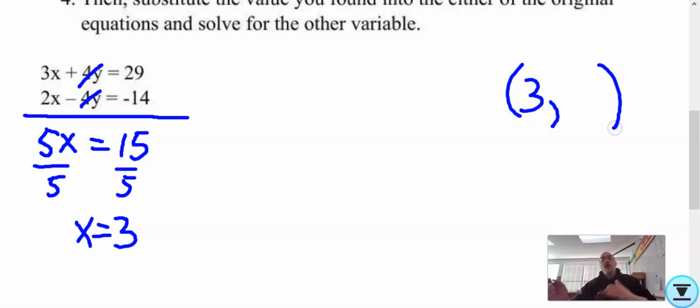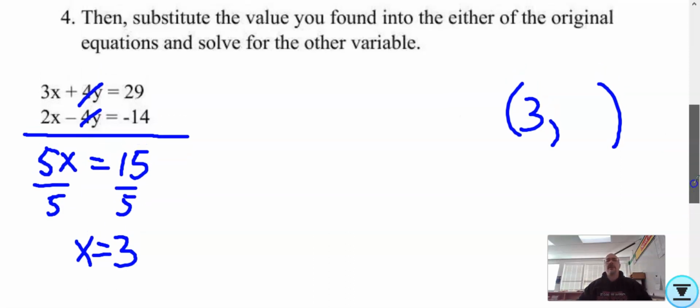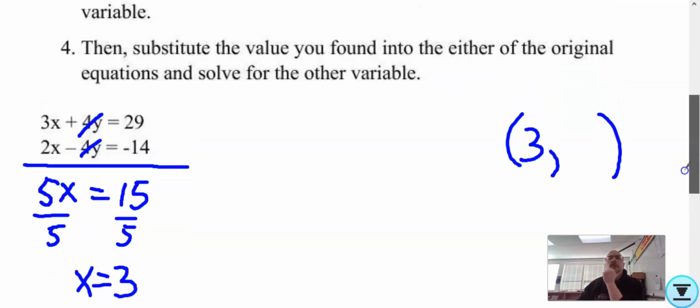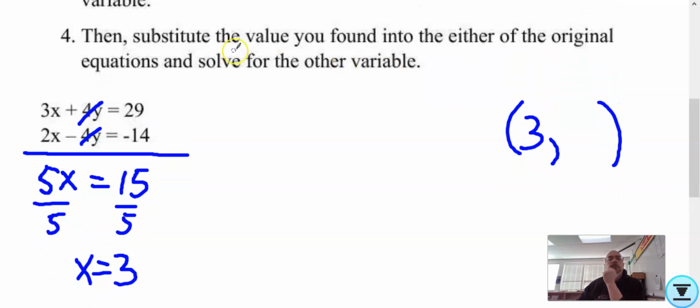Now remember, we're trying to figure out where these two lines cross each other. That is the solution to the system. Where do they cross each other? Well, we found the x value. Now let's look at what it says up here, number 4. Substitute the value you found into either of the original equations and solve for the other variable.